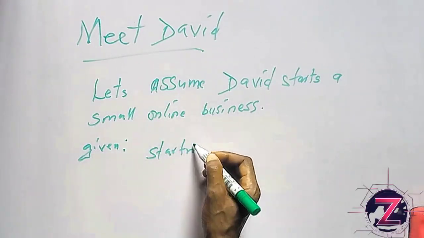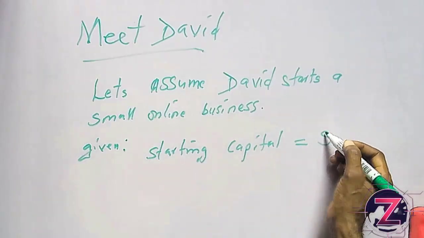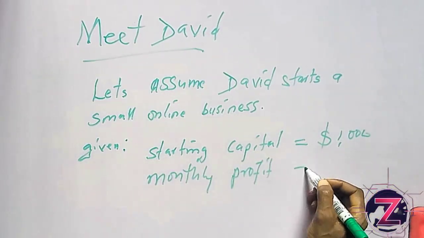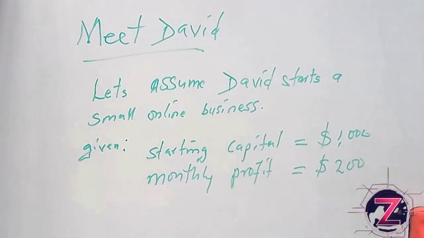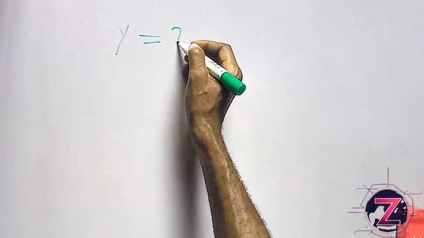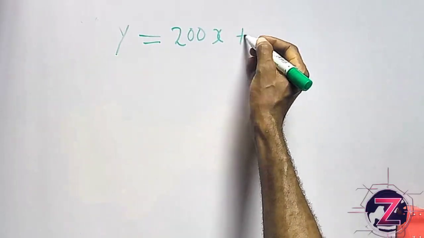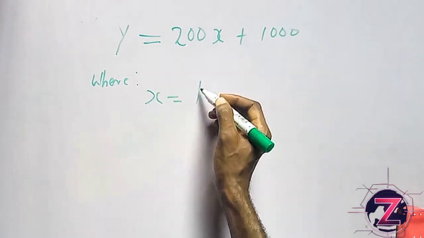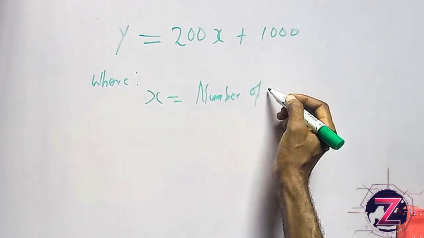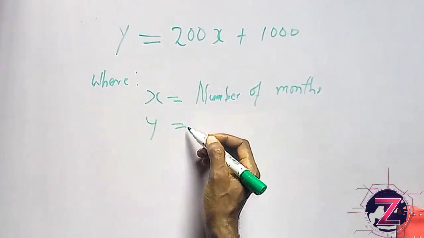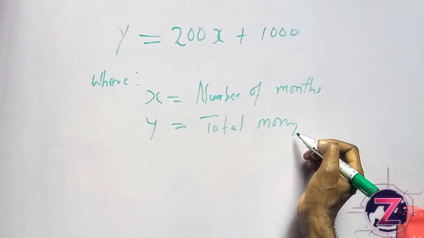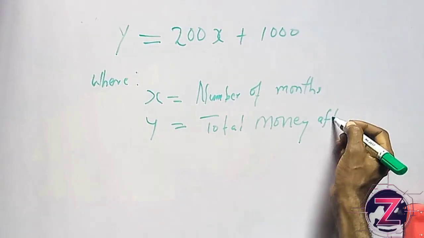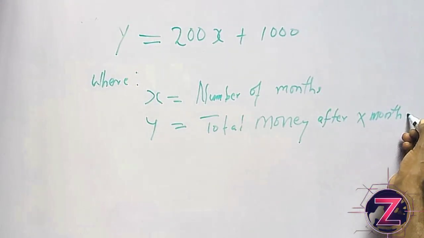Given that starting capital is equal to $1,000 and his monthly profits being equal to $200, this will imply that his Y will be equal to 200 times X plus 1,000, where X is equal to number of months and Y being the total money after X months.